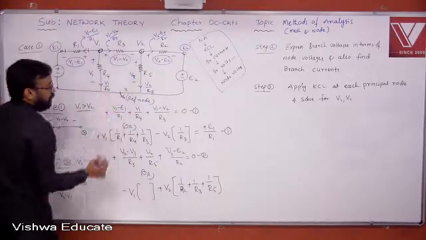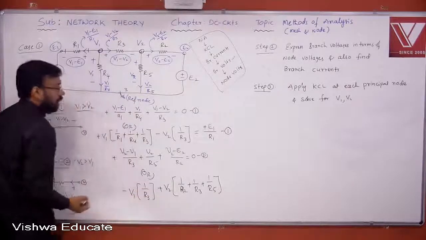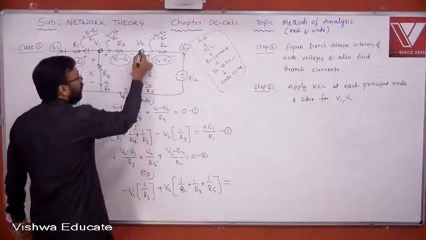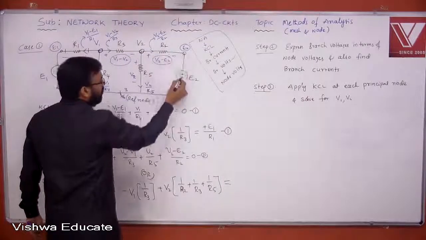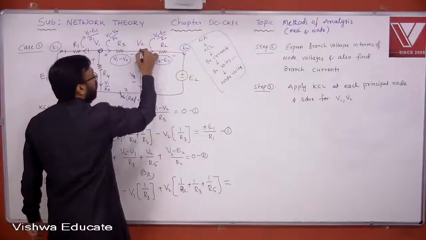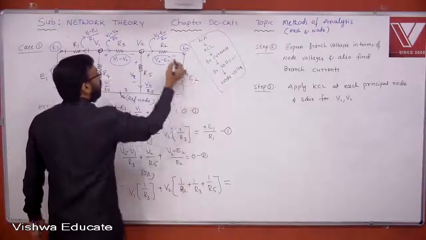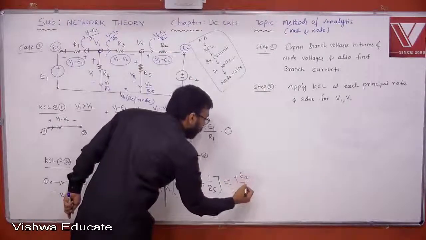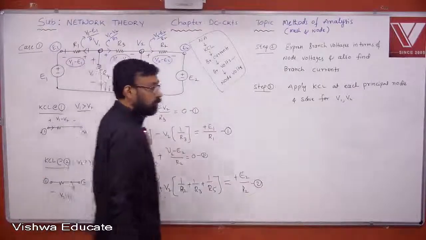What is the common element and its conductance value? 1 by R3 is equal to. Are there any energy sources at this node, any branch consisting of an energy source? Yes, this branch. This is assumed to be at higher potential, leaving, touching the positive sign first, plus E2 by its internal resistance. Second equation. That's it.